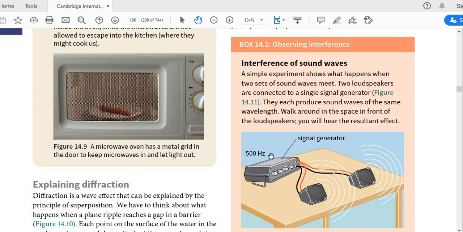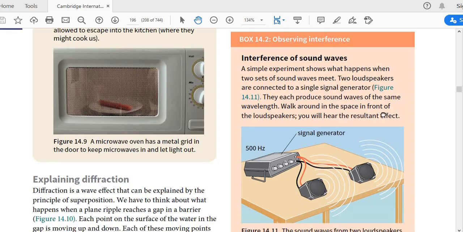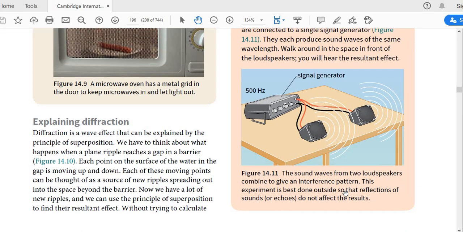Walk around in the space in front of the loudspeakers, you will hear the resultant effect. In some places where the crest of one wave meets the trough of the other, the resultant is 0. If you apply the principle of superposition, let's say the crest of the wave from this one meets the trough of the wave from this one, then the resultant displacement is 0. So you will get minimum sound.